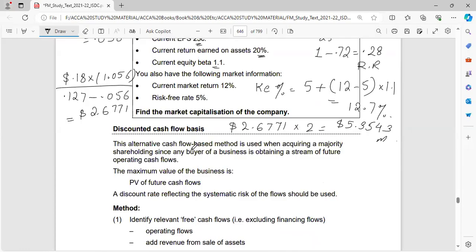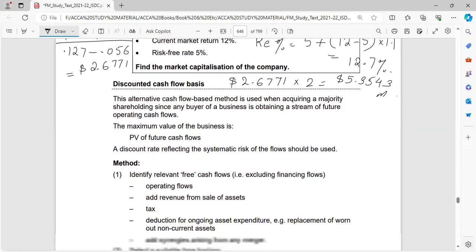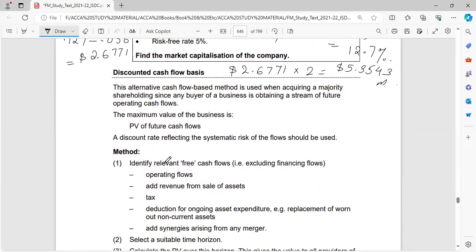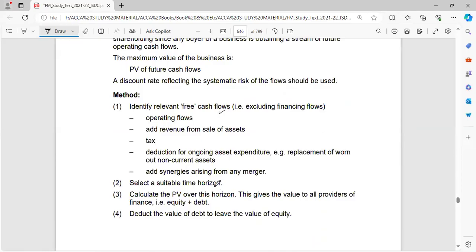It is using discounted cash flow basis, which is saying identify free cash flow, operating flows plus revenue from the asset, tax, deduct the ongoing asset expenditure, add synergies, then select the suitable time horizon, calculate the present value.